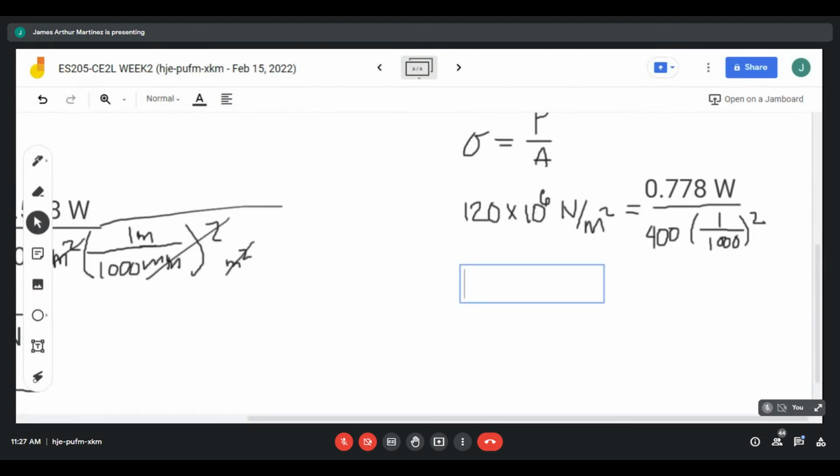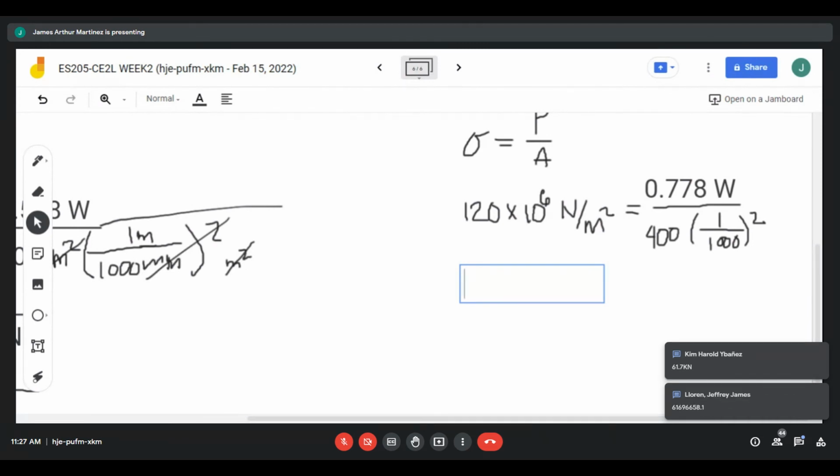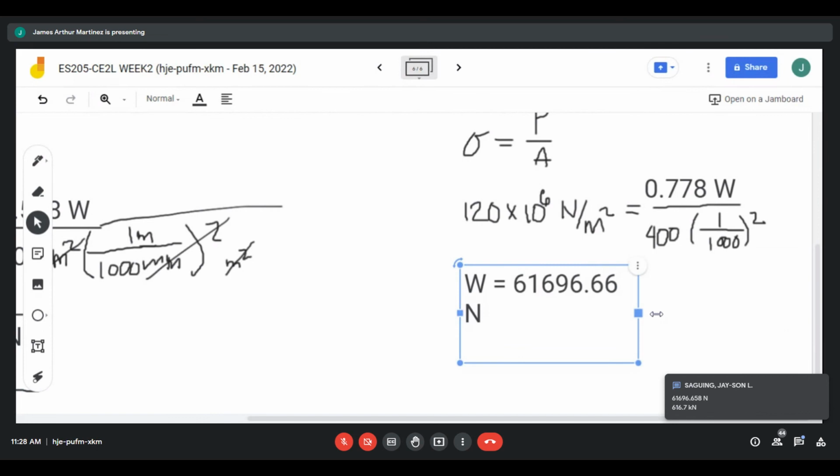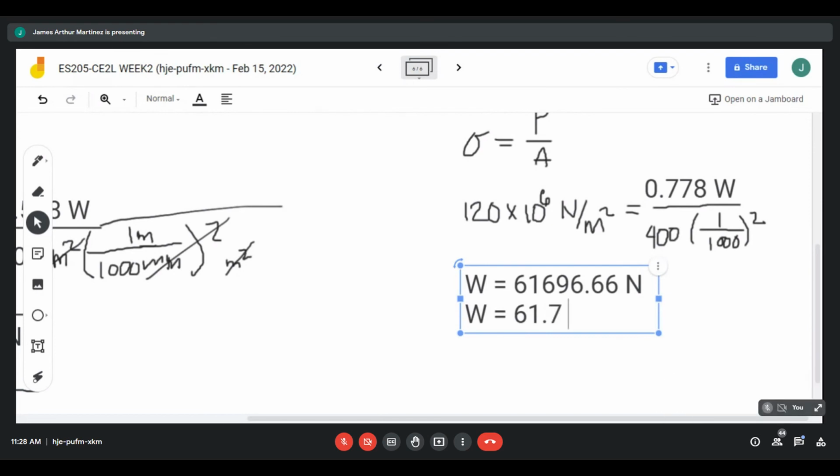W now would be, so the weight is equal to 61,696.66 newton, or 61.7 kN.